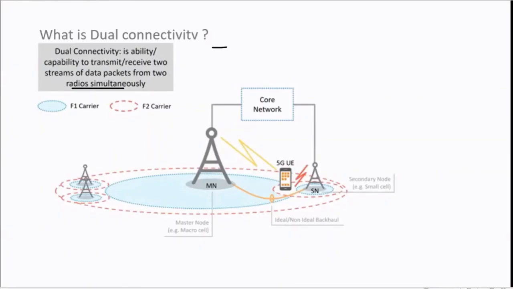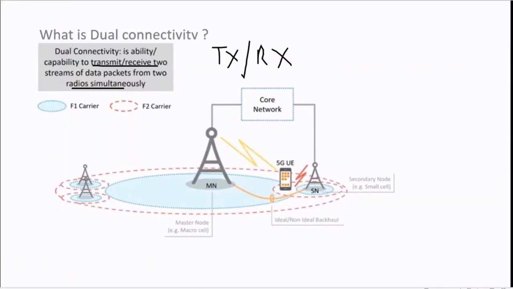So TX and RX. So we should have two transmitters and we should have receivers as well. Okay, so this is dual connectivity.